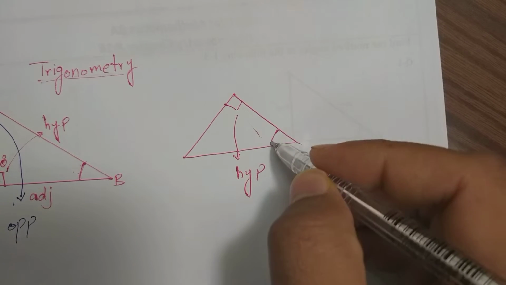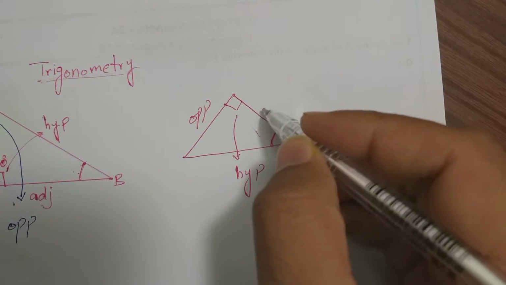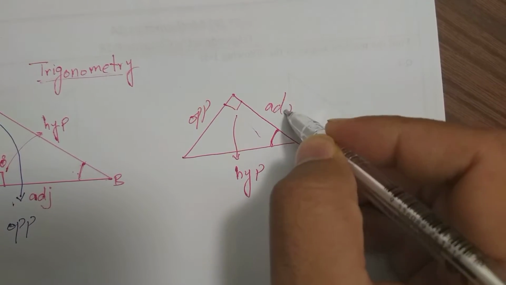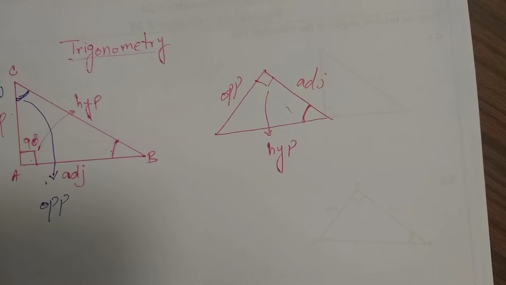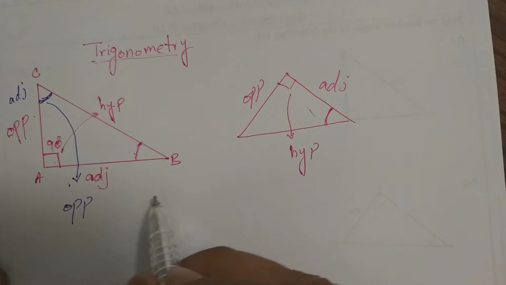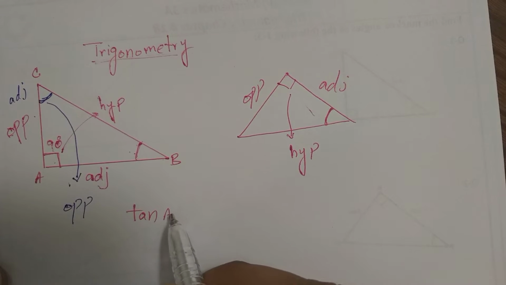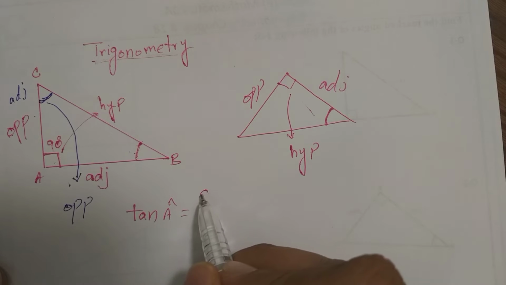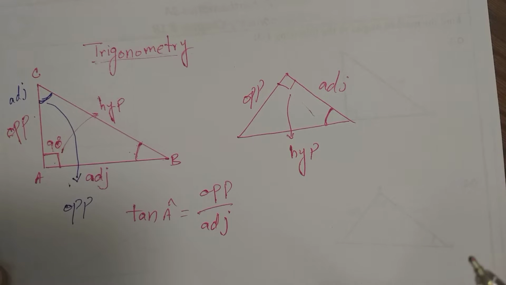Let's suppose this is the angle I mentioned. According to this, it is called the opposite, and the rest of the line is called the adjacent. Okay, so we use the trigonometry ratios. The first is tan angle equals opposite over adjacent.